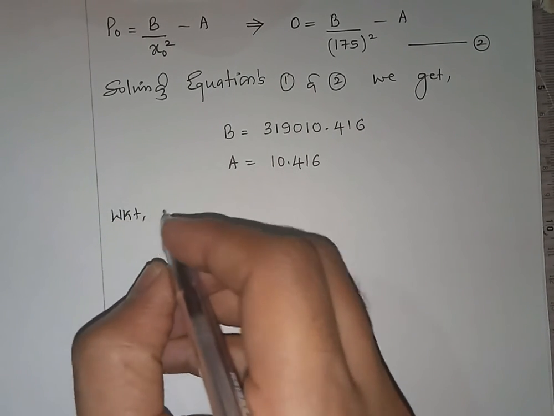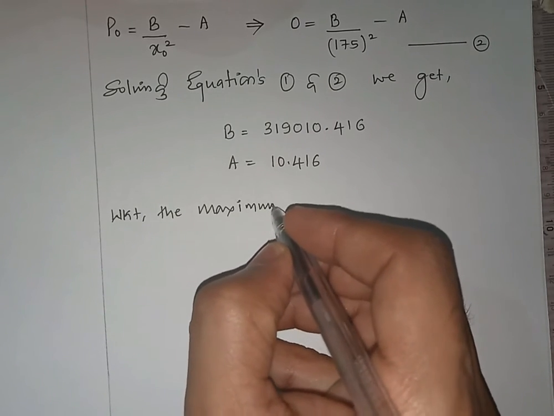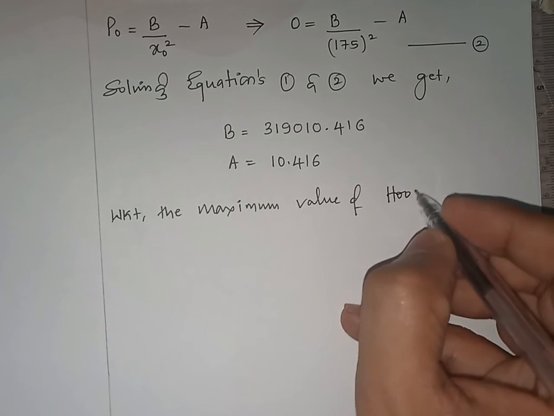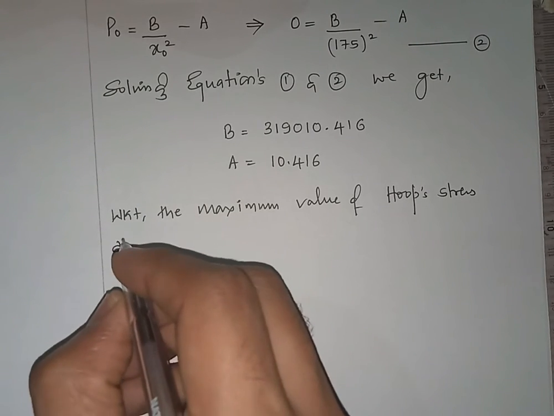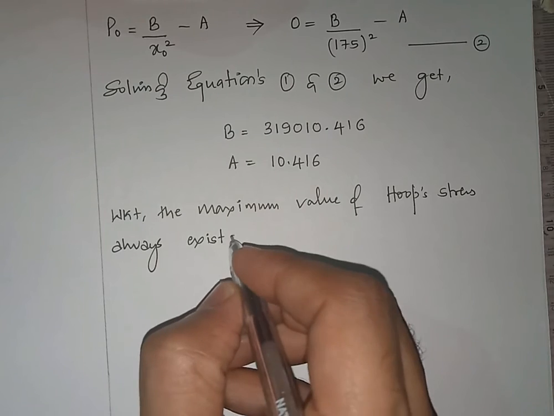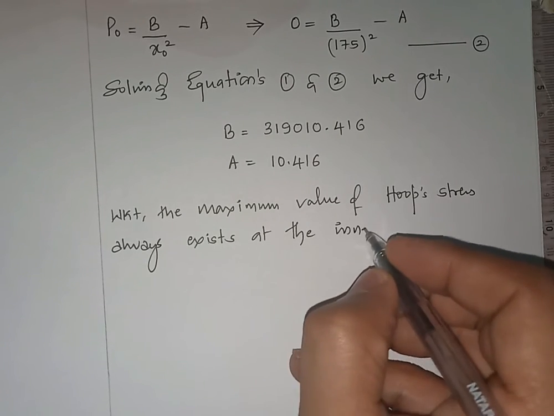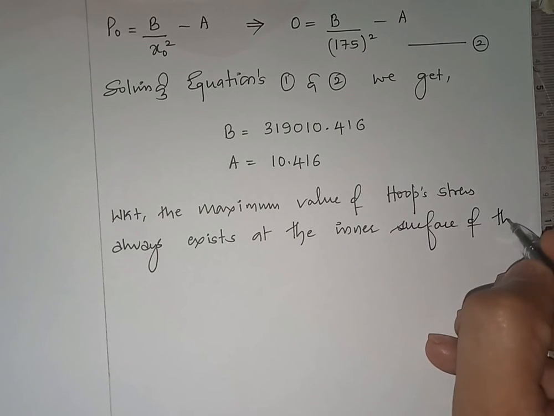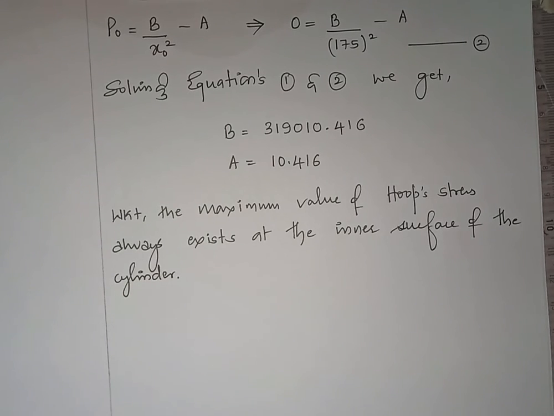So we know that the maximum value of hoop stress always exists at the inner surface of the cylinder.